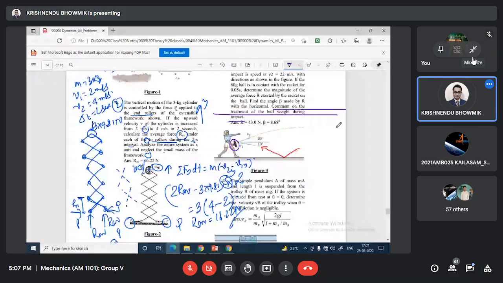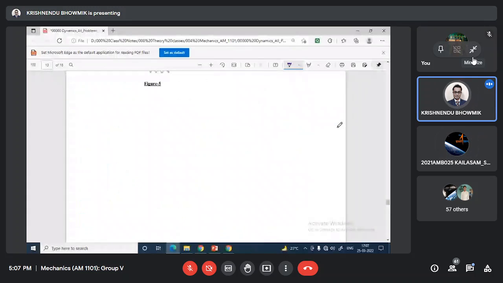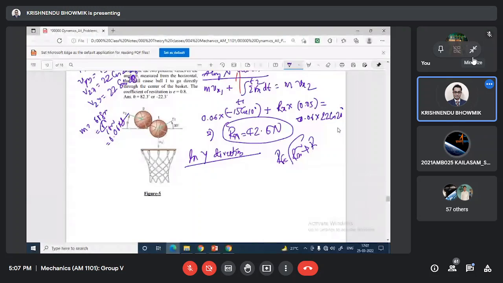Now somebody calculate what is the R value. R equal to square root of Rx square plus Ry square, and beta with the horizontal equal to tan inverse Ry by Rx. This was 43 Newton and this was 8.68 degree.